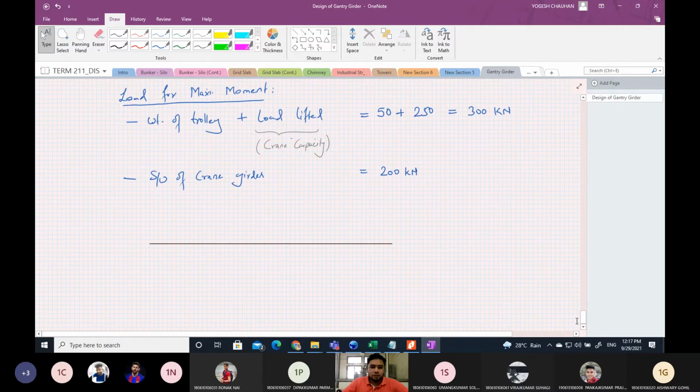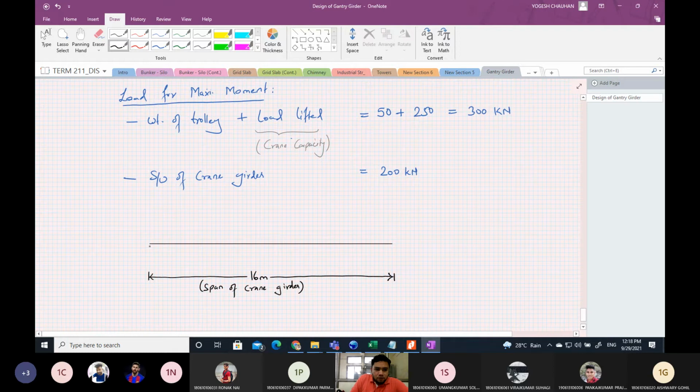The span of the crane girder is 16 meter. This is nothing but the span of the crane girder.